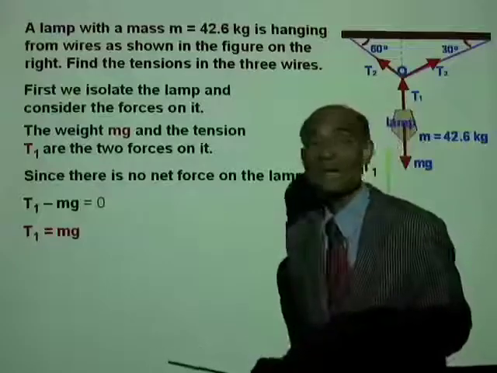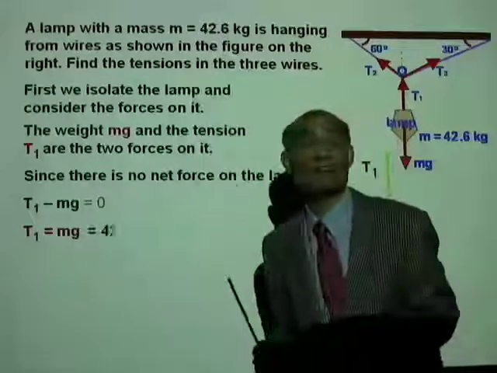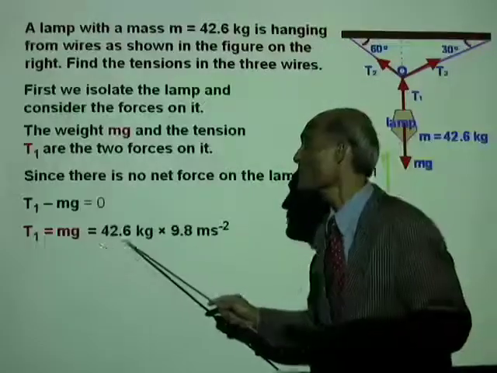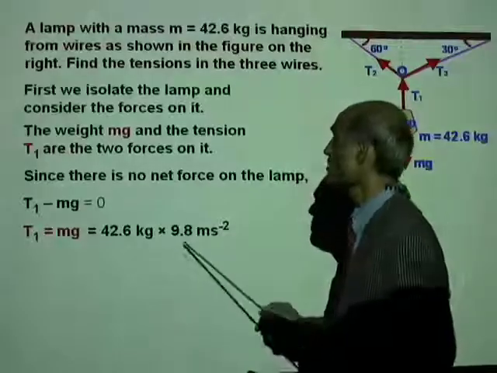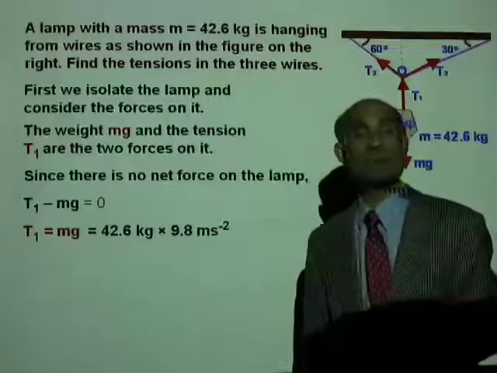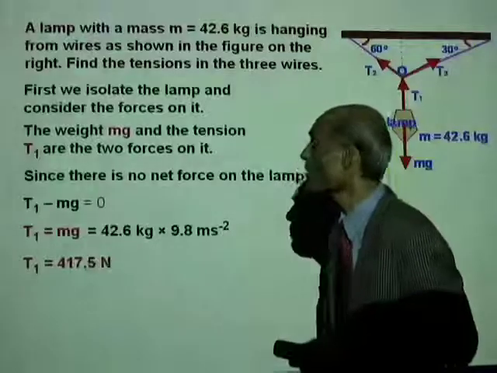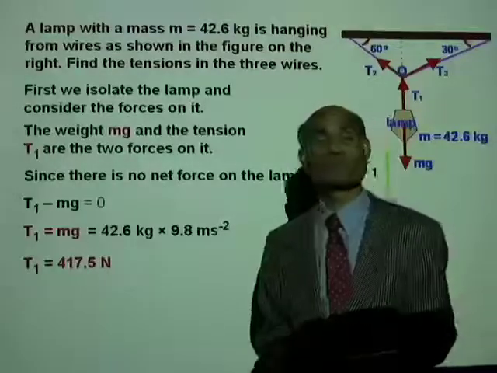T1 equal to mg. We know m, we know the value of g. That will be 42.6 kilogram times 9.8 meter per second squared, and that is 417.5 Newton.